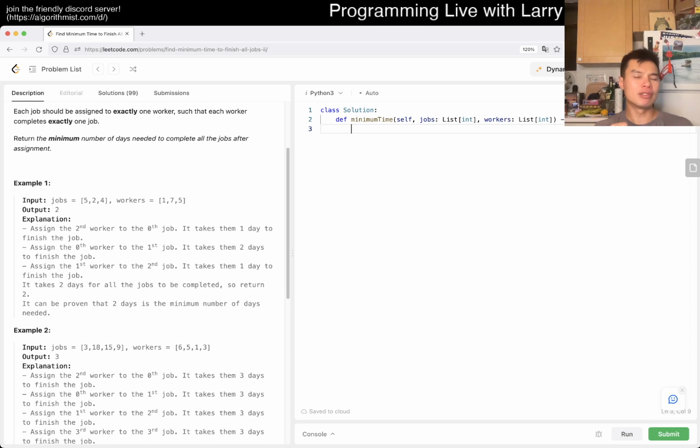There is an exchange argument here that you can play around with in your head. We'll draw it out, play around with it, and work out the proof before we implement it.